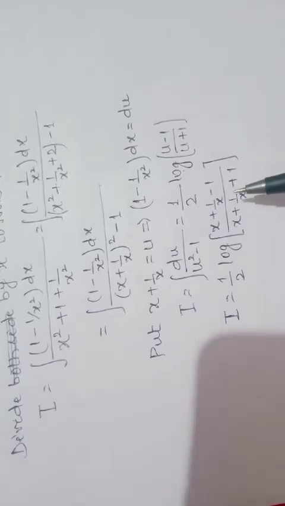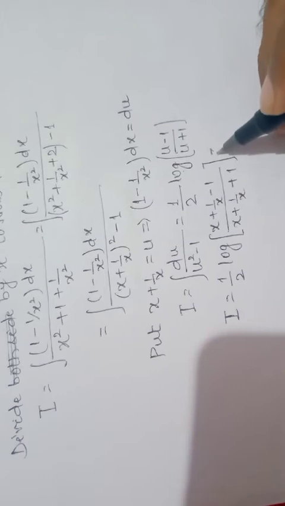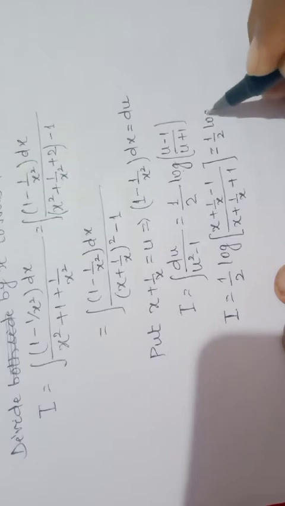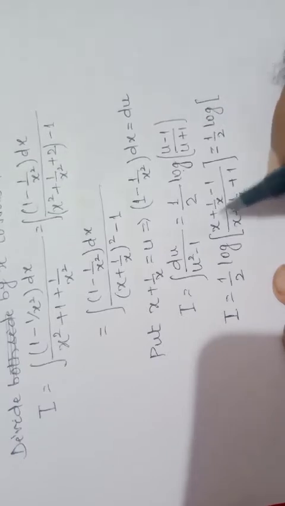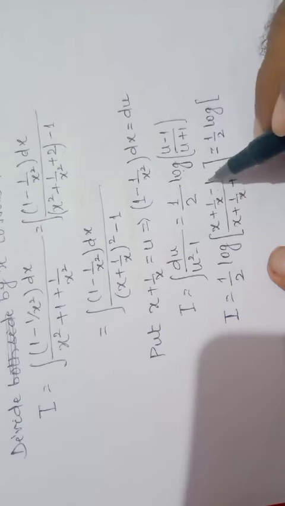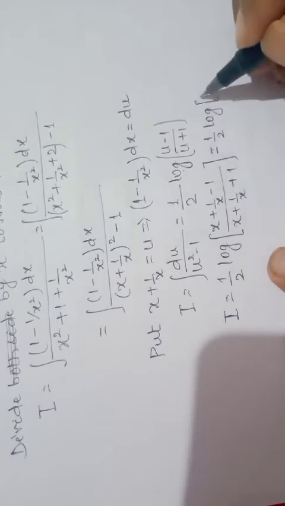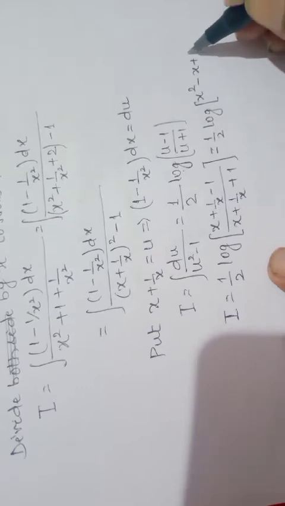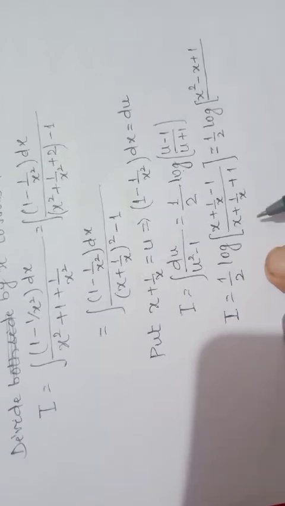Take out the LCM of both numerator and denominator. Both will be the same, that is x. So both should be cancelled, and now the numerator reduces to x square minus x plus 1, divided by, again, x square plus x plus 1.